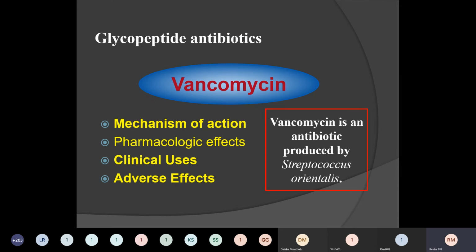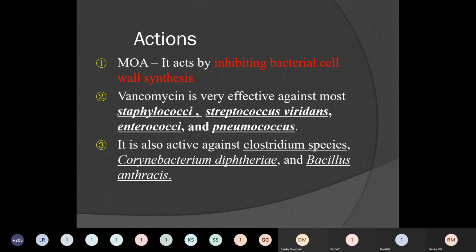Next, we have the glycopeptide group of antibiotics. This includes vancomycin, one of the reserved drugs which is effective for resistant organisms. Vancomycin is obtained from Streptococcus orientalis. Mechanism of action: it acts by inhibiting the bacterial cell wall synthesis.